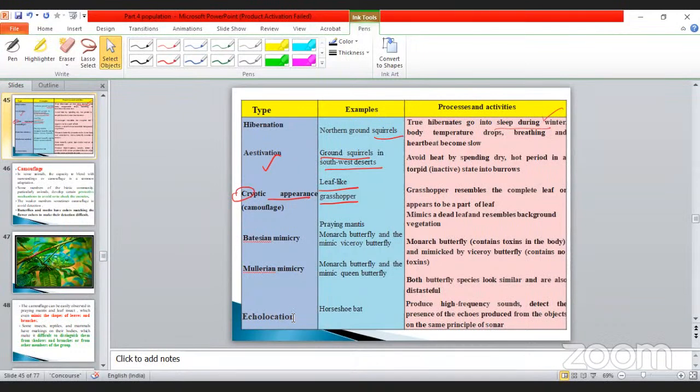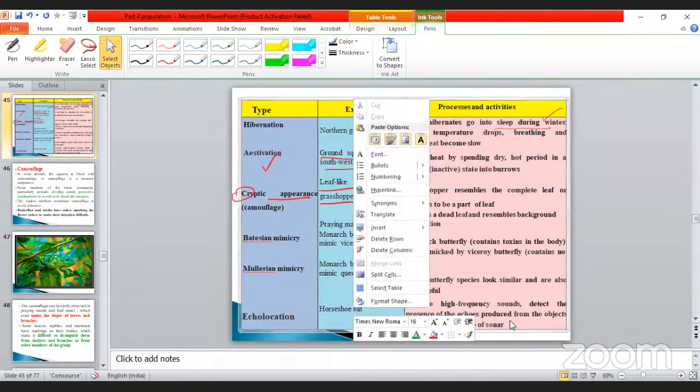And the last one is called echolocation. Horseshoe bat. It produces high frequency sound and detects the presence of the echoes produced from the object, on the same principle as sonar. Already we know how bats hunt their prey with the help of, what is that?